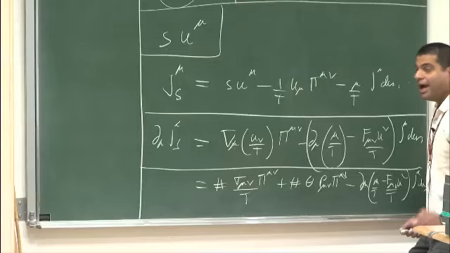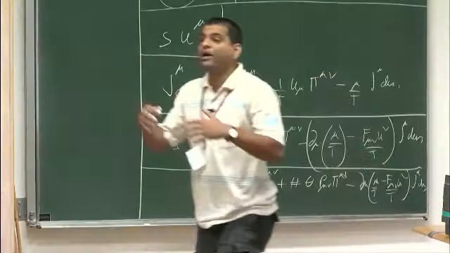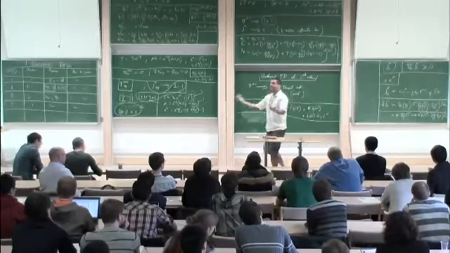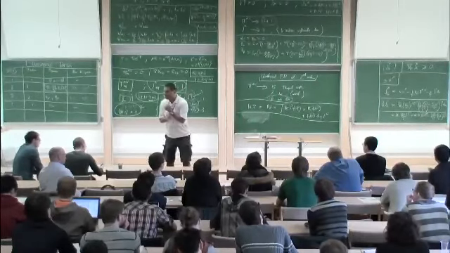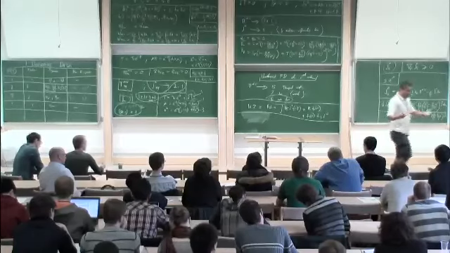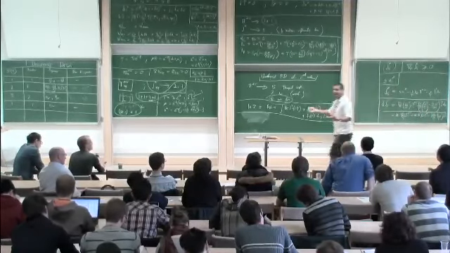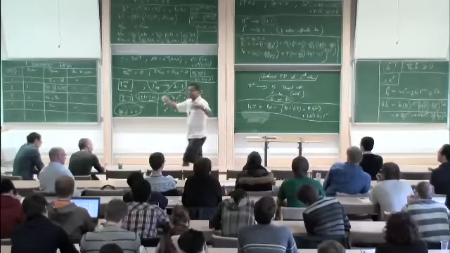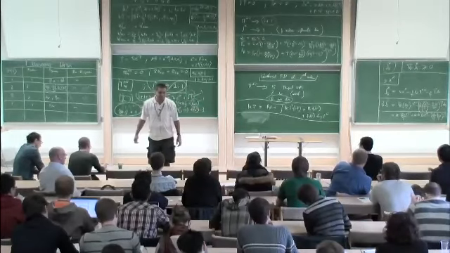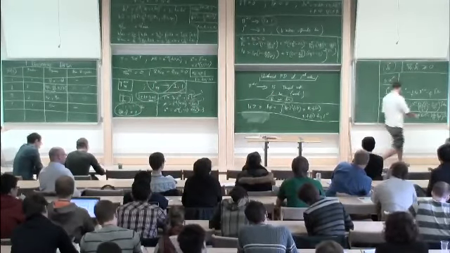So what we have here on the right hand side is a quadratic form in first order data. The positivity of entropy production is simply the statement that this quadratic form must be positive definite. How do we make such a quadratic form positive definite?